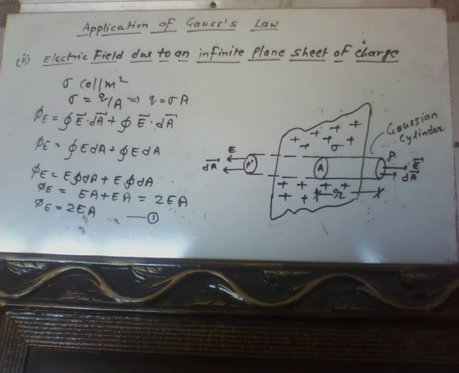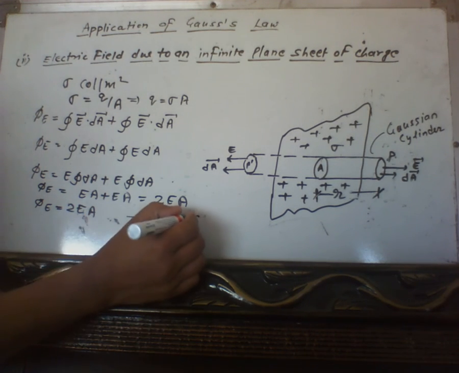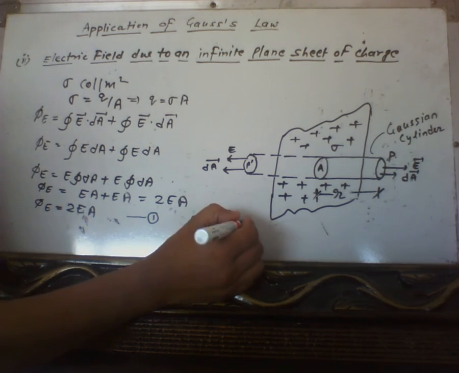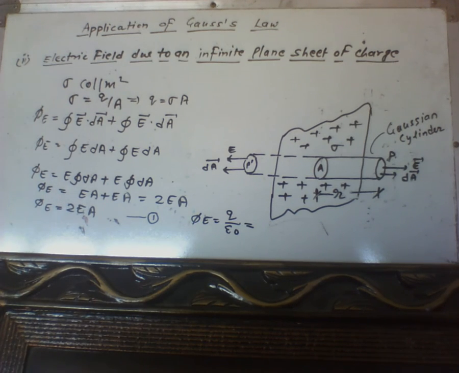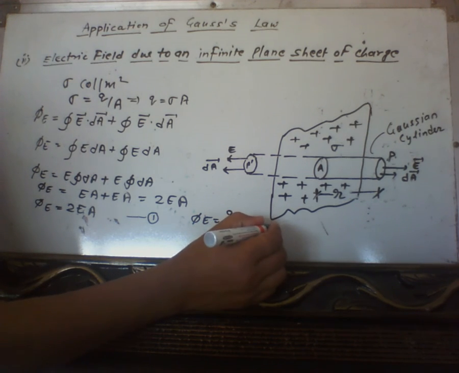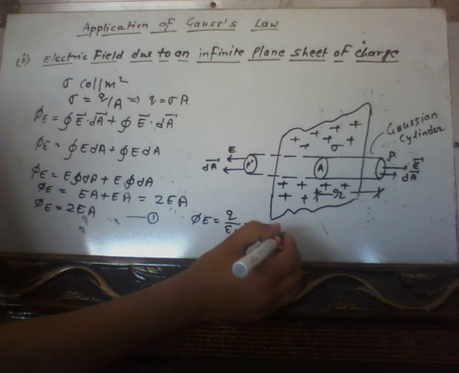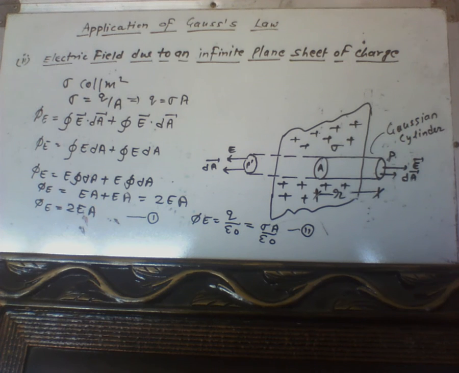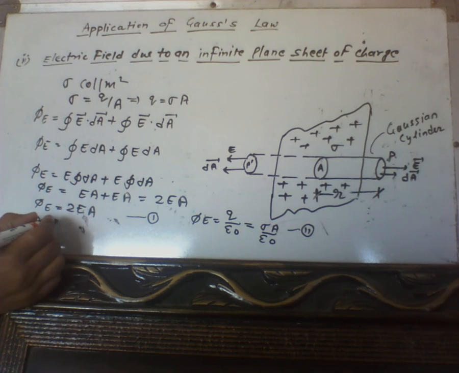Now from Gauss law we know that phi is equal to q upon epsilon naught, and because q is equal to sigma A, it can be written as sigma A upon epsilon naught. Equation number 2. Now by comparing equation number 1 and 2, we will get 2EA is equal to sigma A upon epsilon naught.